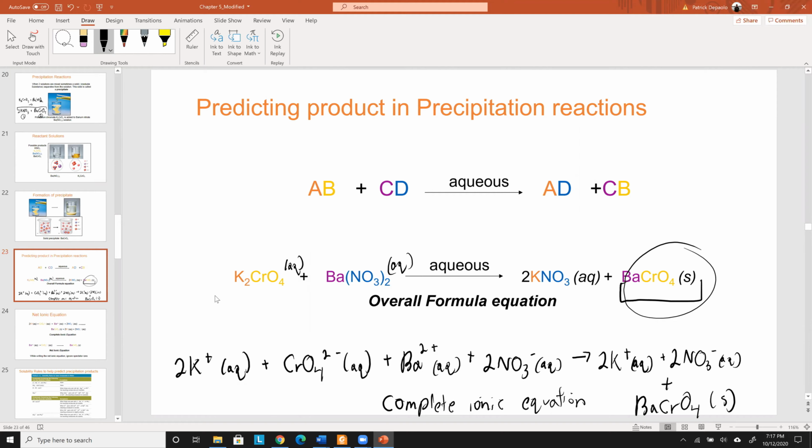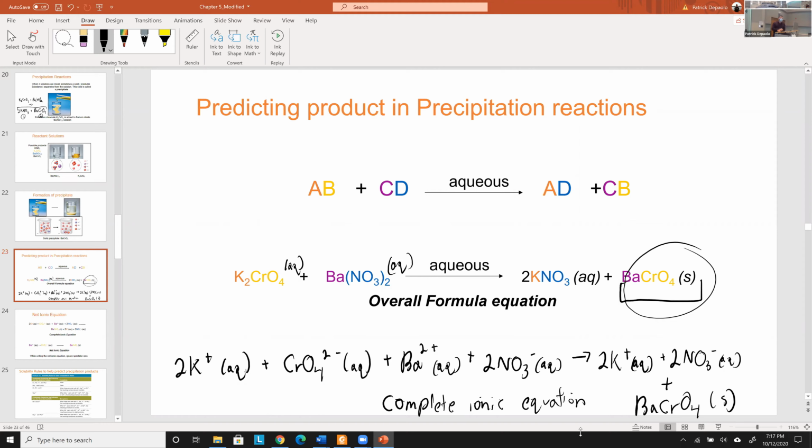So it's an accurate representation of, on the molecular level, what ions we see, which ones are bonded together, which ones are not. And basically, the way this works with all precipitation reactions, you're going to have 4 free aqueous ions. In this case, you have potassium, chromate, barium, and nitrate. Some combination, or really one combination of those cations and anions will create an insoluble component.